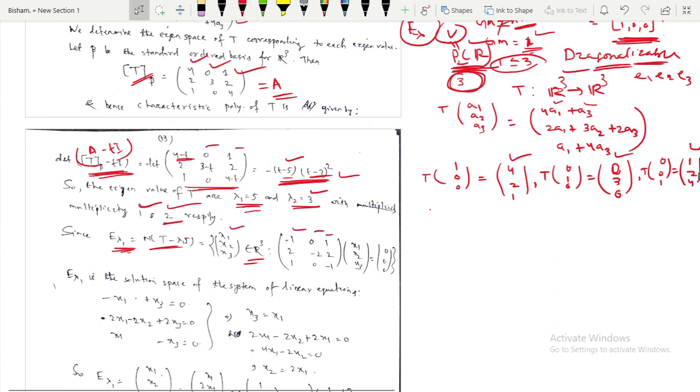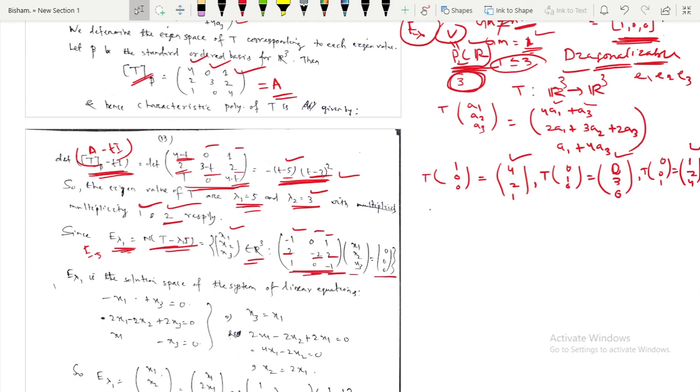Then 2, and 3 minus 5 is minus 2, then 2. Similarly 1, 0, and 4 minus 5 is minus 1. So this is T minus lambda 1 I.